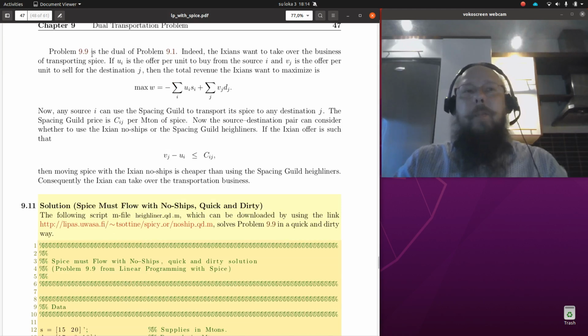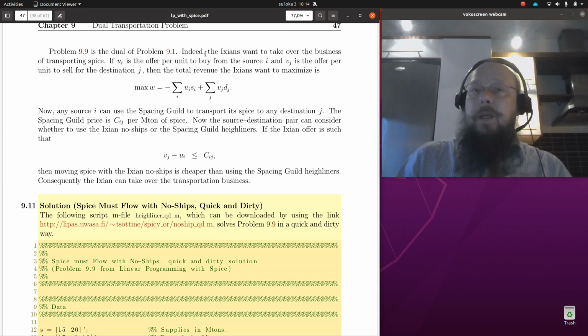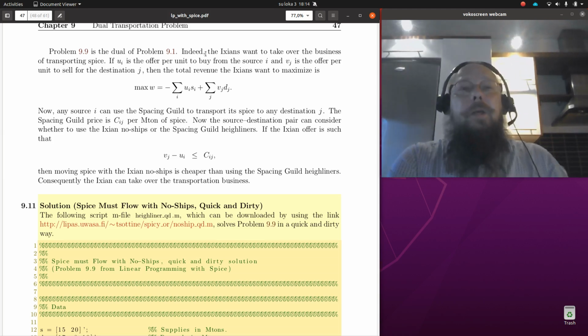All right, this is more or less what I said. So the problem 9.9 is really the dual of 9.1, and maybe I repeat the story here just to make it clear. So the Ixians want to take over the business of transporting spice.